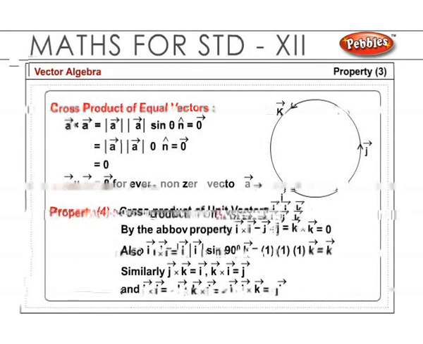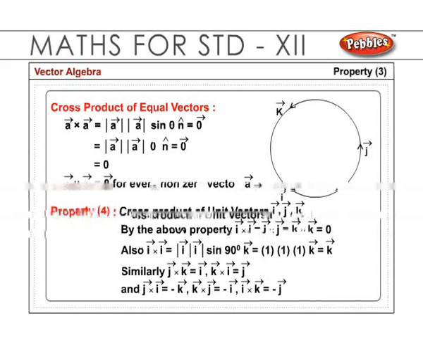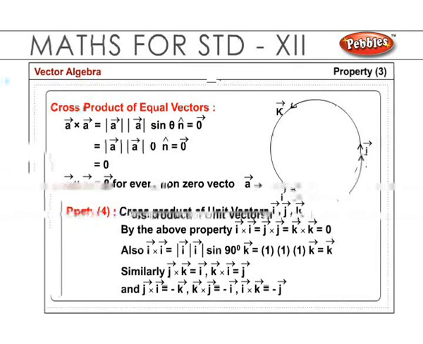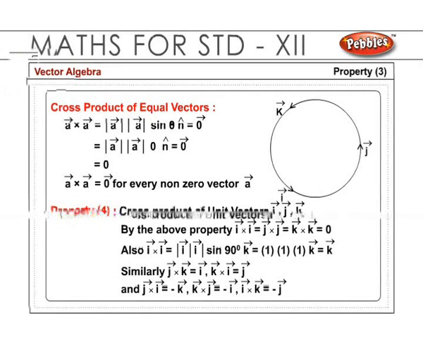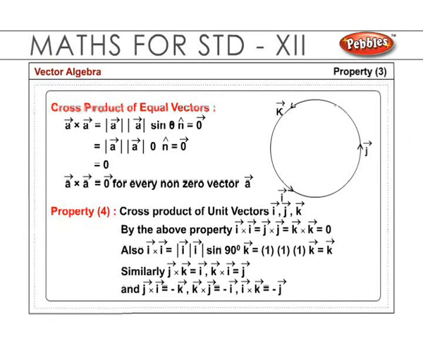Property 3. Cross product of equal vectors. A cross A = 0 for every non-zero vector A. Property 4. Cross product of unit vectors i, j, k. By the above property, i cross i = j cross j = k cross k = 0.